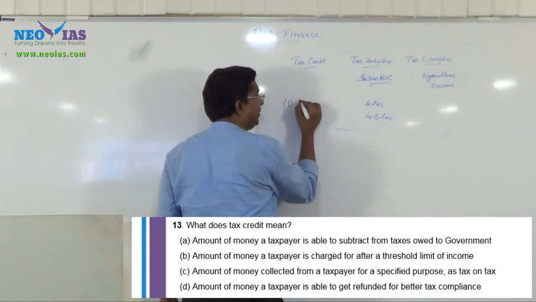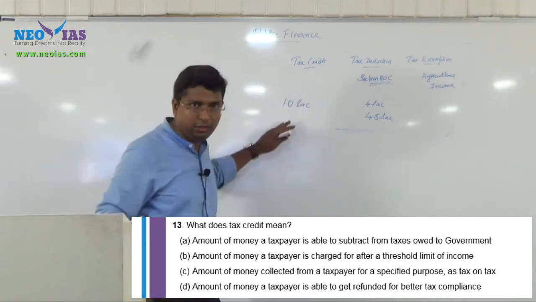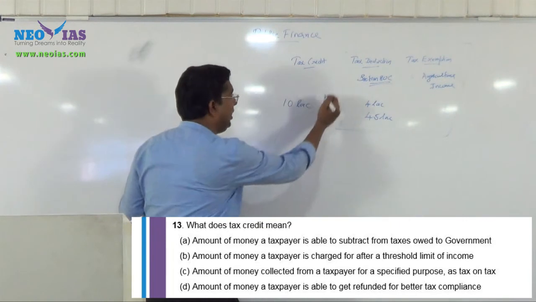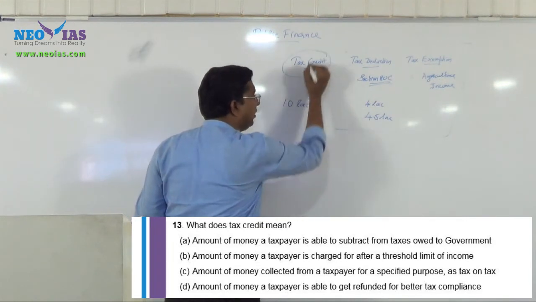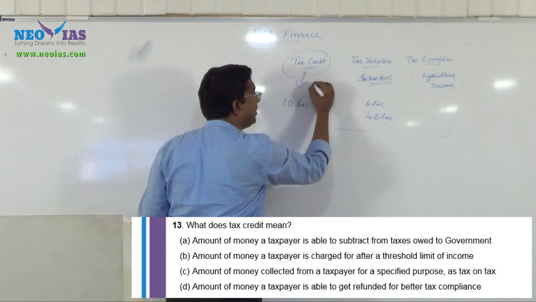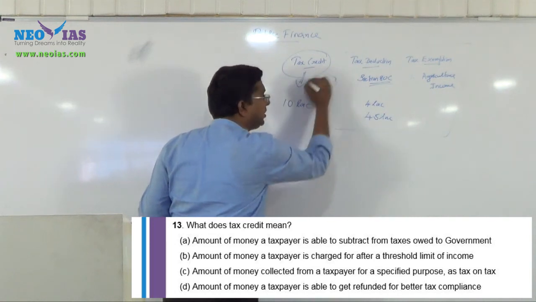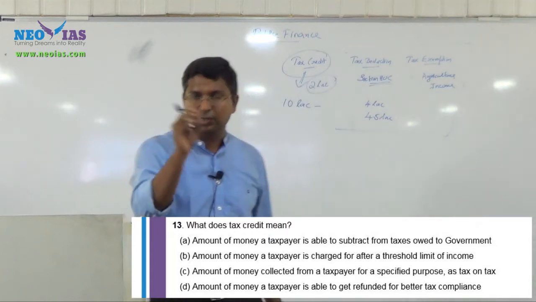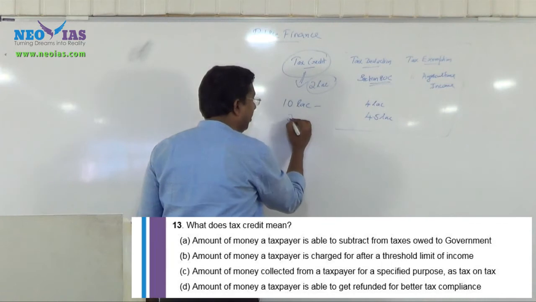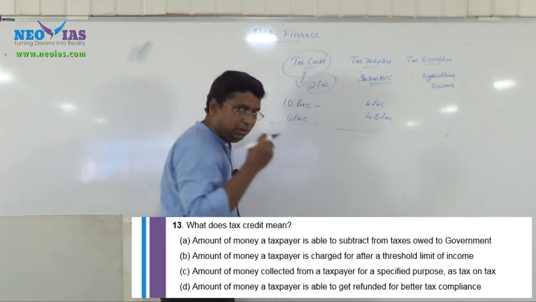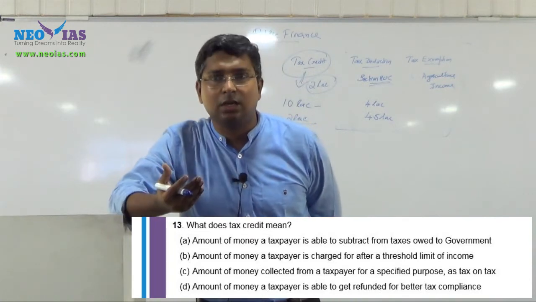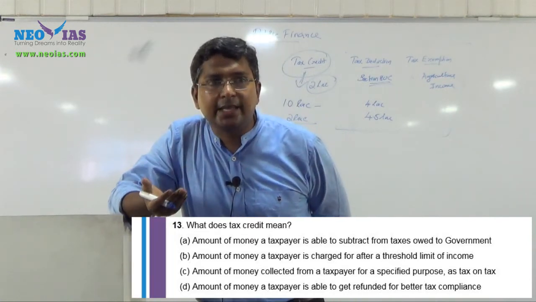Suppose 10 lakh is your tax. If tax credit is there, you have to reduce it. If the government is providing a tax credit of 2 lakh for certain purposes, then you have to pay 10 lakh, but since you got the tax credit, the net tax is 8 lakh.